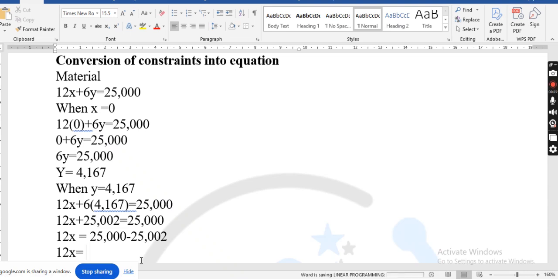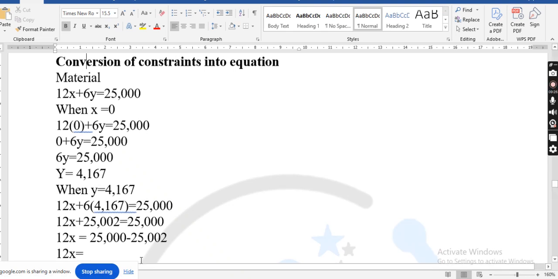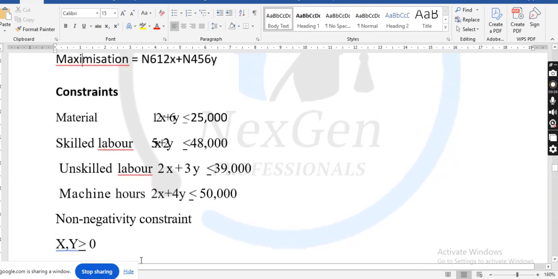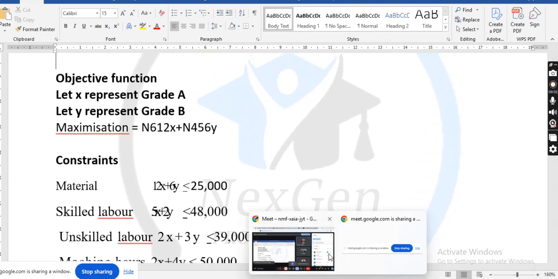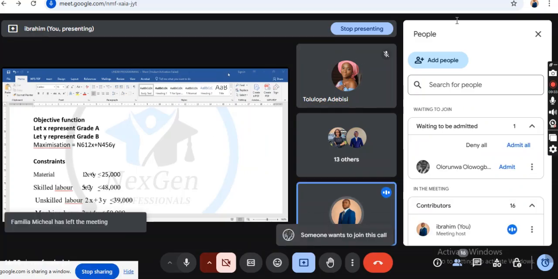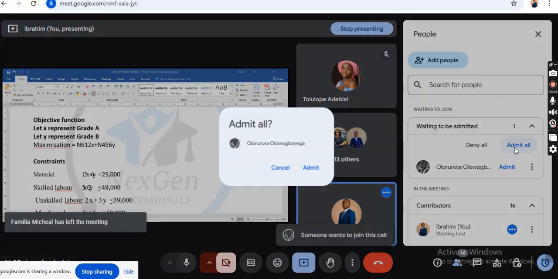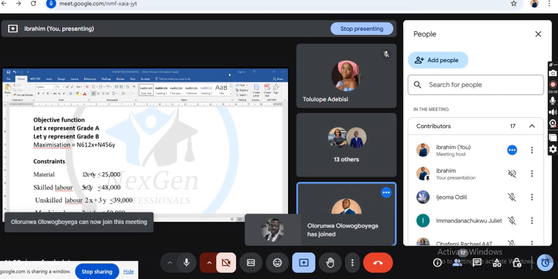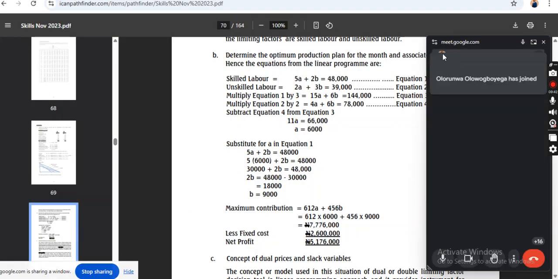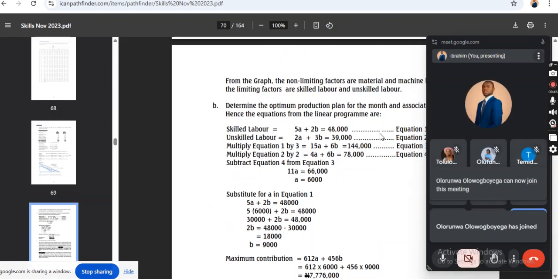Yes, sir, that's why I say something is wrong somewhere. Let's check. Just a minute. This 12x and 6y, I need to confirm this.